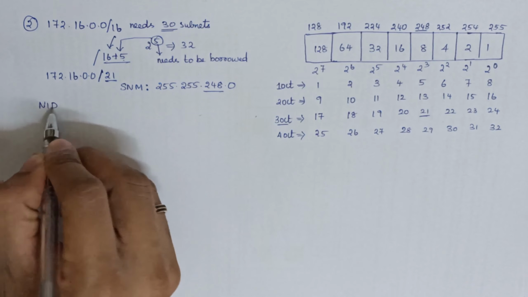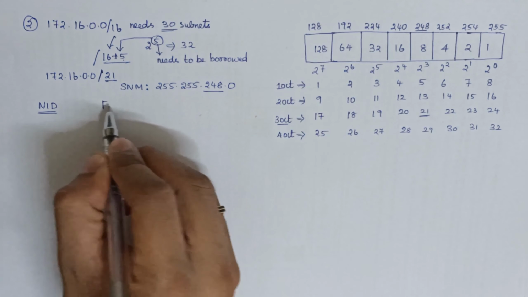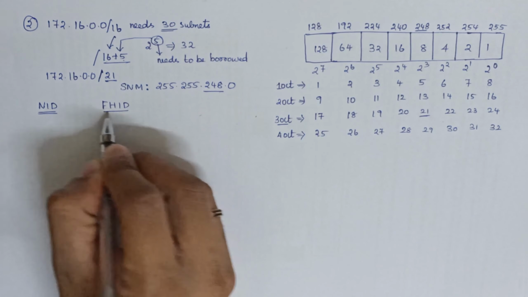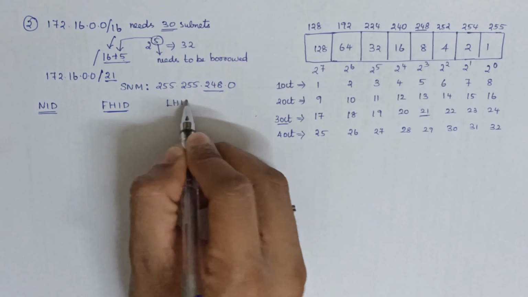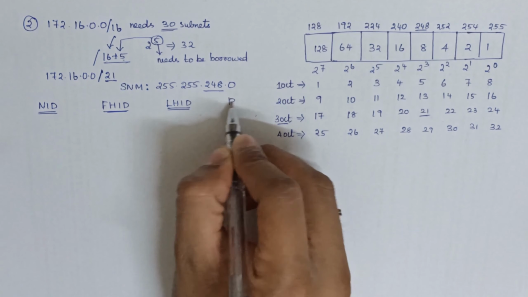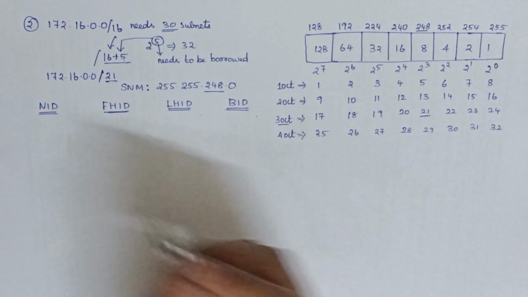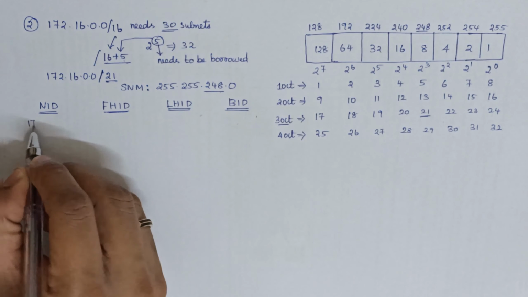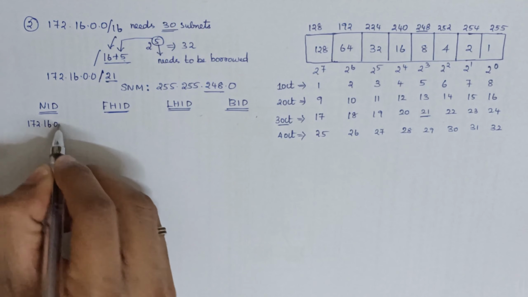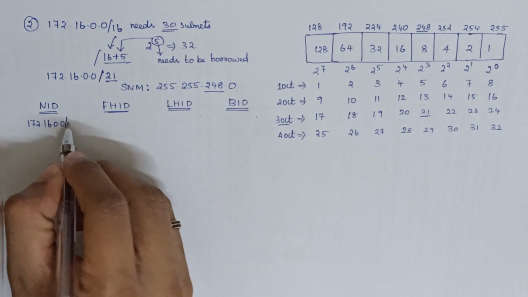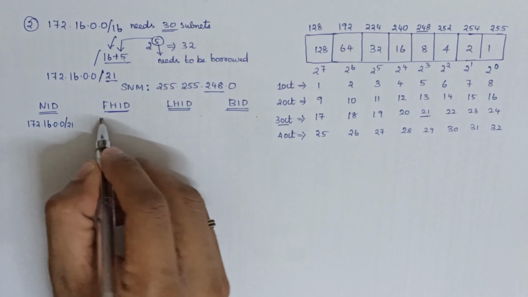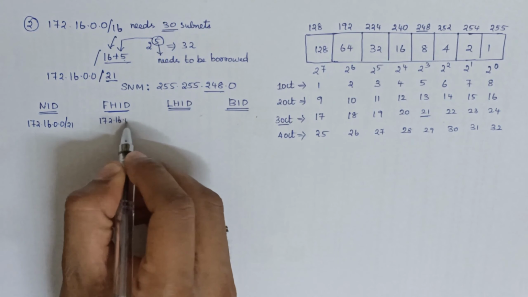So network ID, first host ID, last host ID and broadcast ID we have to calculate. The first network is obviously going to be the given address, 172.16.0.0/21 is the network address. So the first host IP address is 0.1.